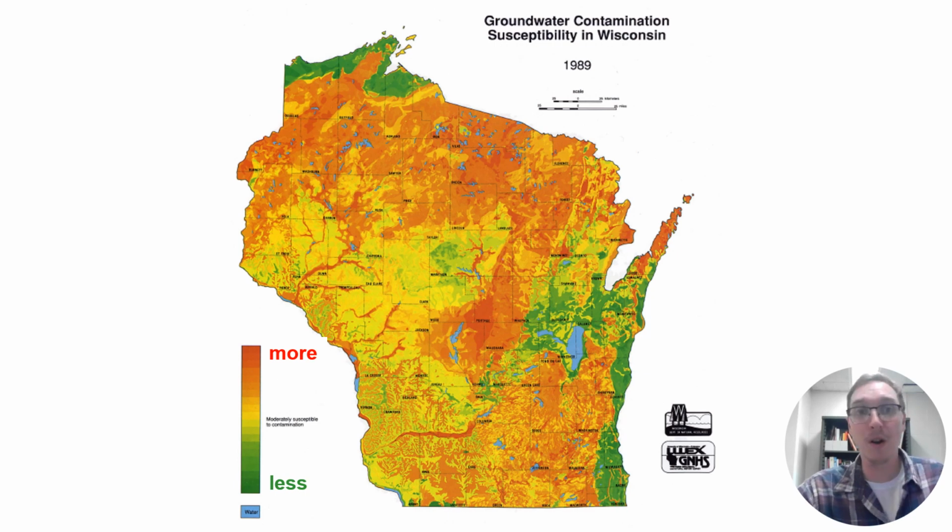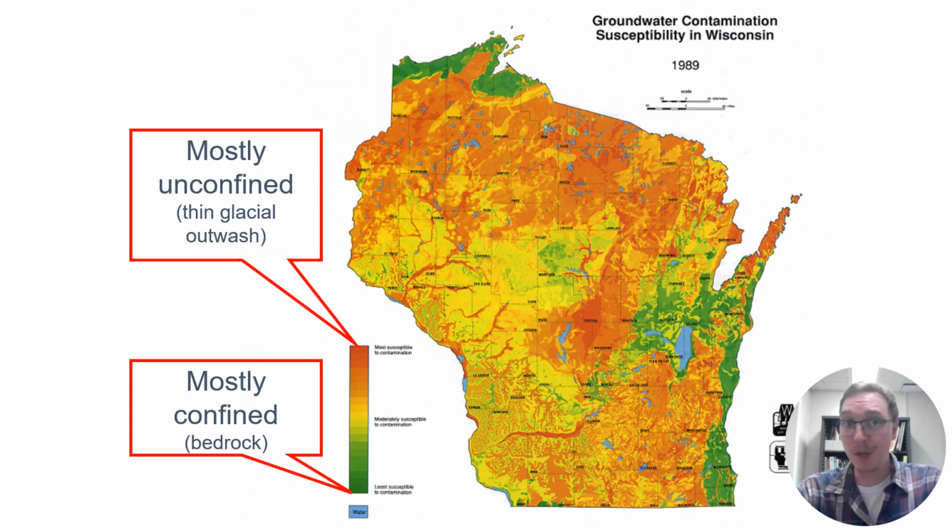Here we could look at groundwater susceptibility in Wisconsin. I apologize for the color schema here. Red-green color blindness is an issue, so I typically try to avoid this color scheme, but this came out in 1989, so we're going to give them some grace. If we were dealing with mostly unconfined, thin glacial outwash, we would be dealing with areas that are most susceptible to contamination.